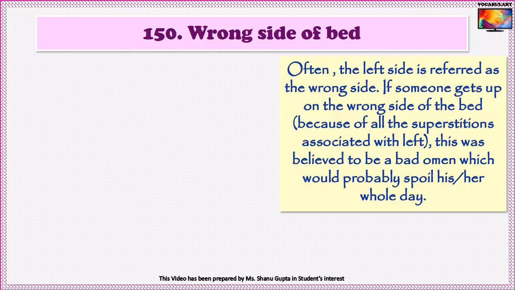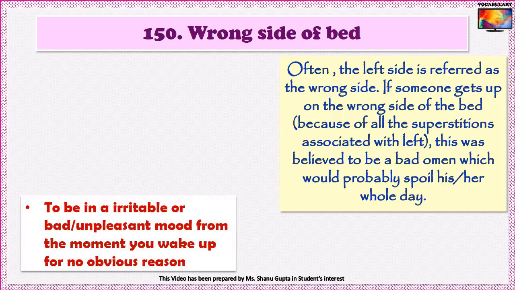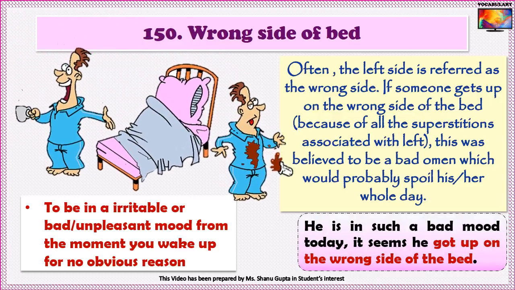And because of all the superstitions associated with left, this was believed to be a bad omen, which would probably spoil your whole day. From that, the idiom to get up on the wrong side of the bed started meaning to be irritable or in a bad and unpleasant mood from the moment you wake up for no obvious reason.